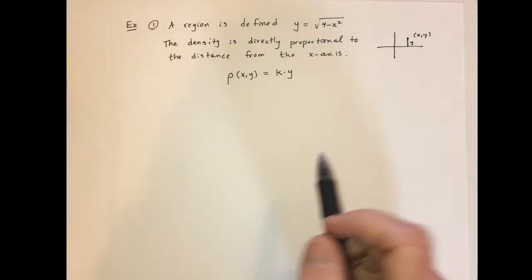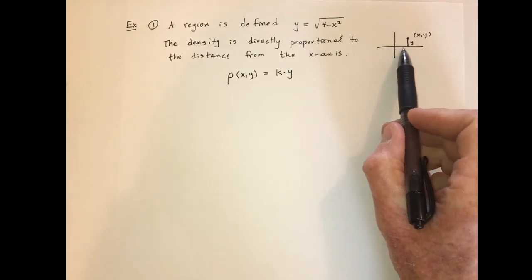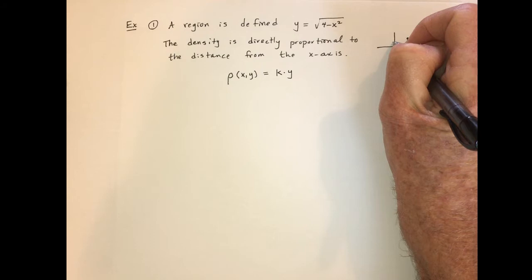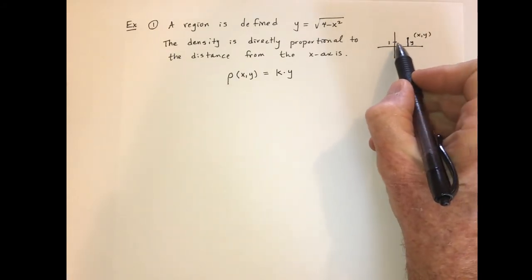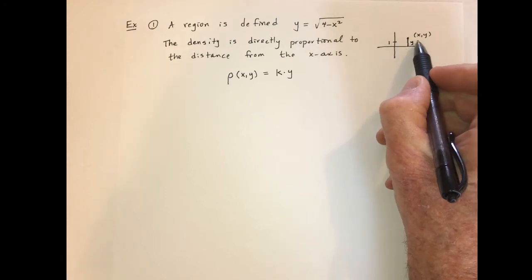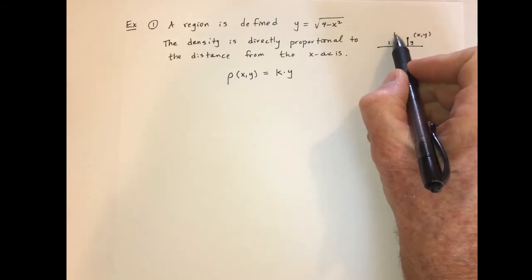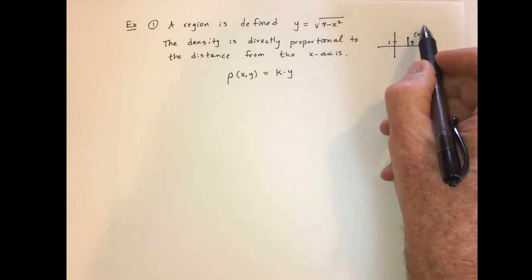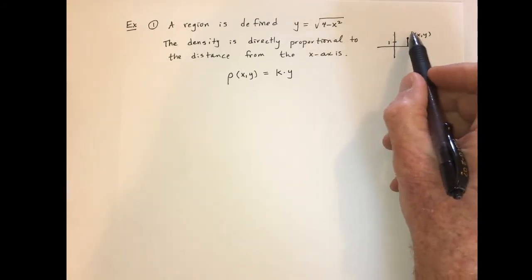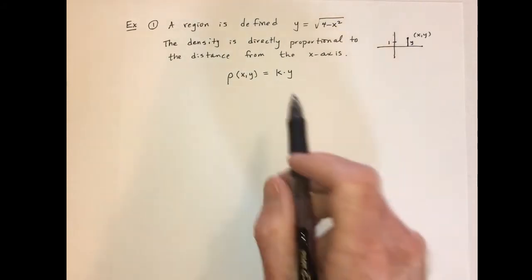So basically what that's saying is on the x-axis, it has a density of 0. When you move up to a height of 1, then everything has a density of 1, like 1 pound per square inch or something like that. You move up to 2, and now it's 2 pounds per square inch. At 3, it's 3 pounds per square inch. So it's getting more and more dense as you go up. That's what this part is saying.